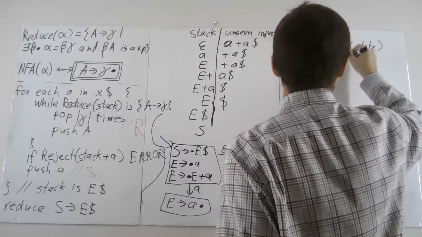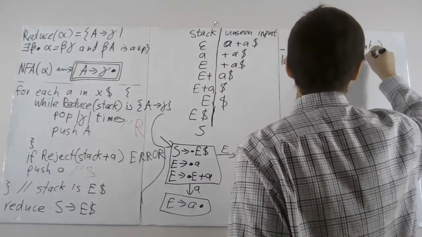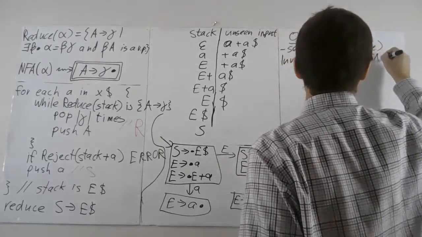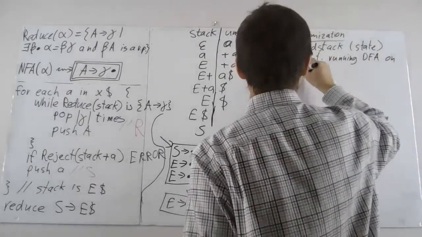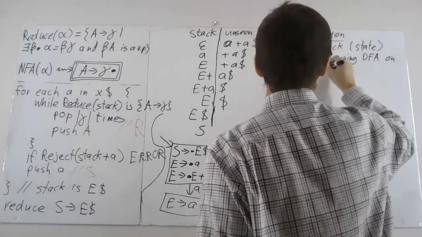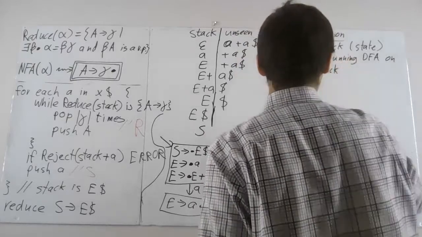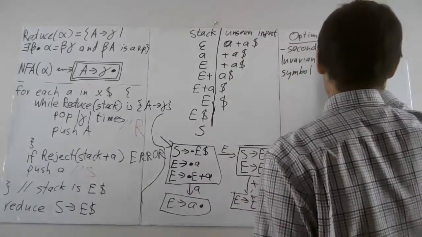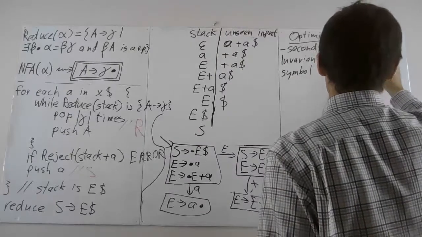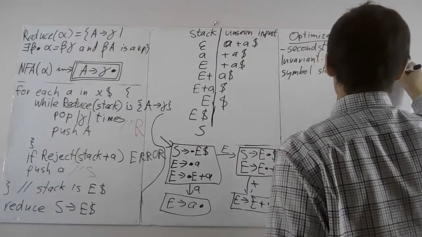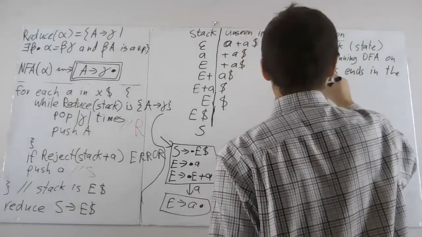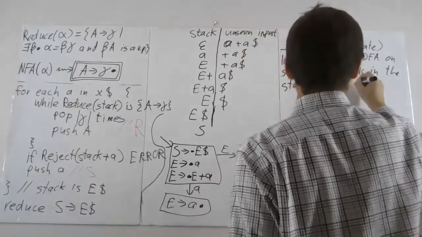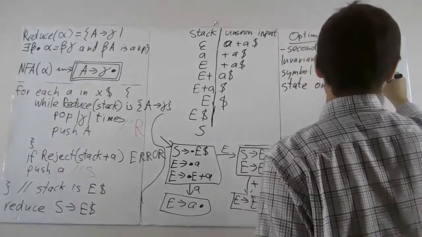Running the DFA on the symbol stack ends in the state on top of the state stack.